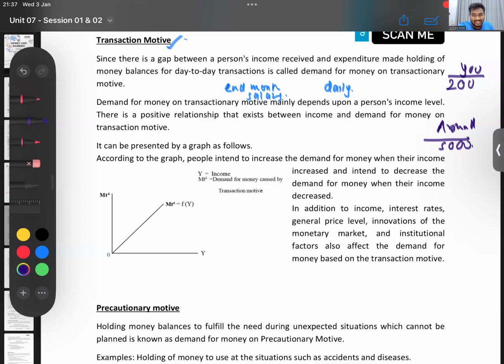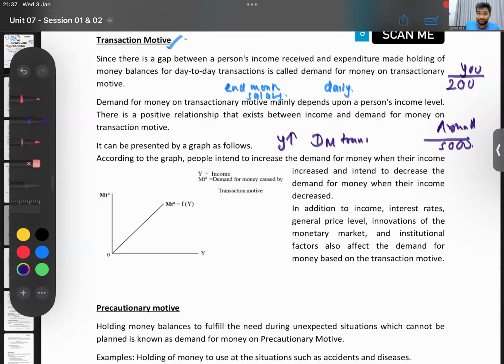I don't keep 5,000, I'm just saying. Let's say me, I am keeping 5,000 rupees with me. So demand for money for the transaction motive depends on your income. So when your income increases, what happens to your demand for money under the transaction motive?